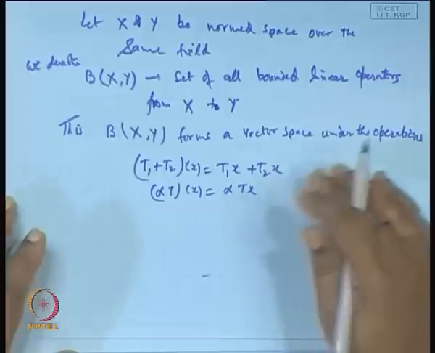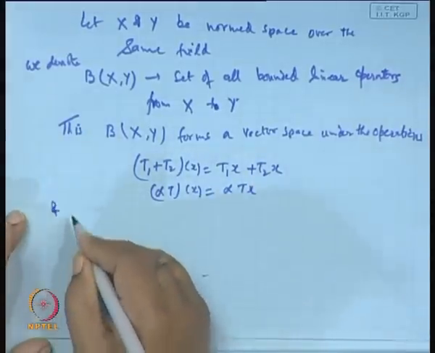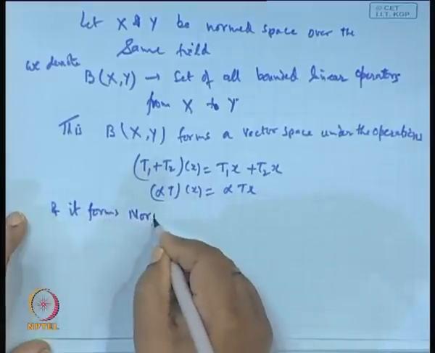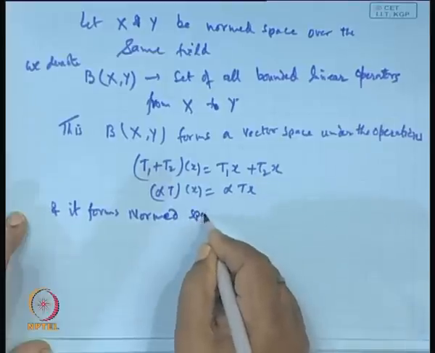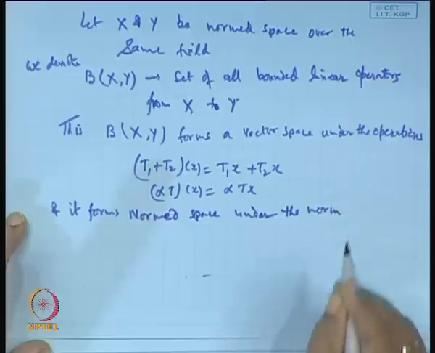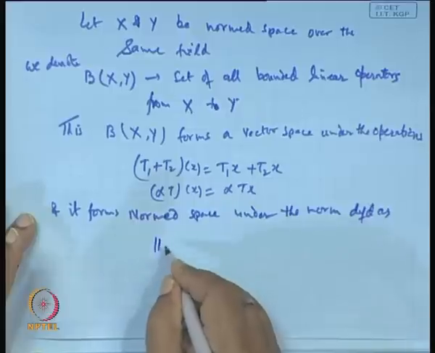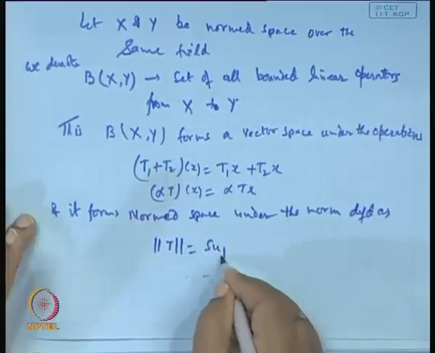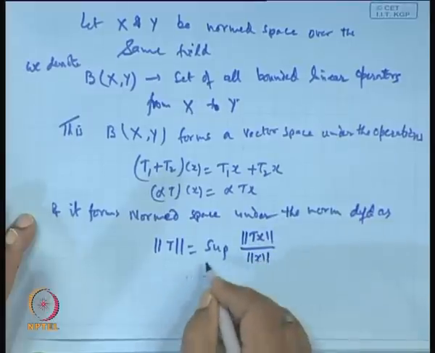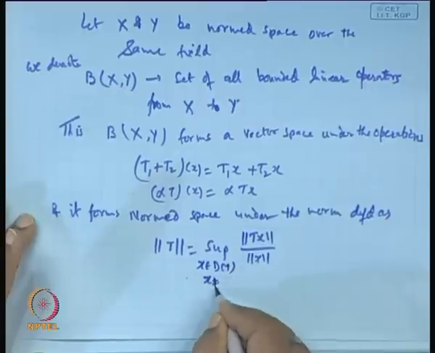In a similar way we can show it forms a normed space under the norm defined as norm of T equals supremum of norm of Tx over norm x, where x belongs to the domain of T and x is not equal to 0.